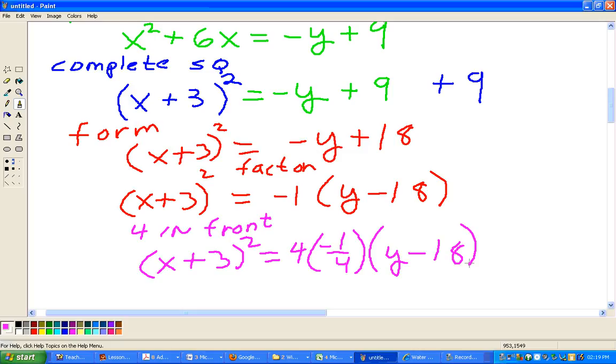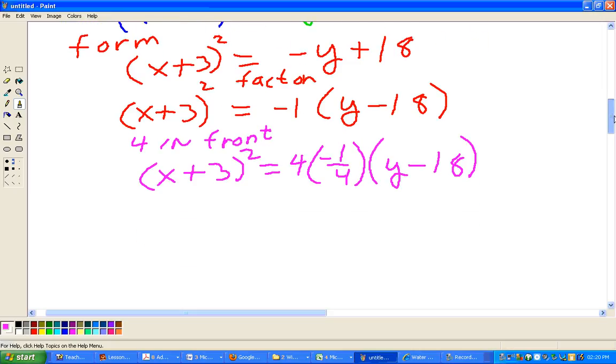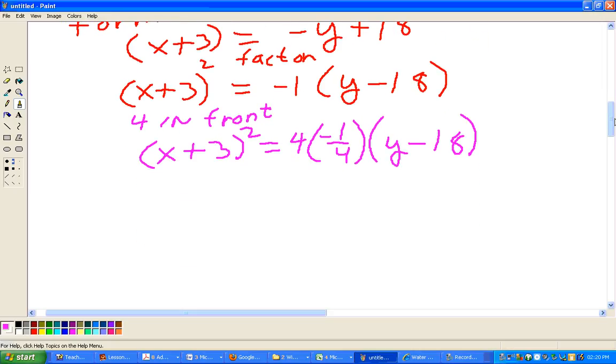Now, before you ever started, did you know that he was either a frowny face or a smiley face? Can you see this negative means he's going to be frowning? So when you've got a negative there, it's going to turn him into a frowny face parabola. So the information I have now is the vertex is at -3, +18.